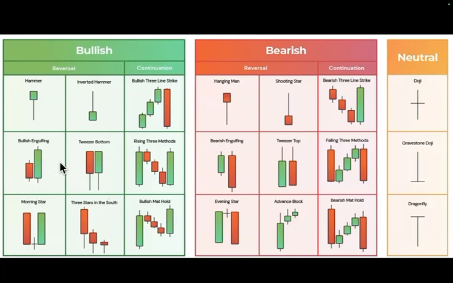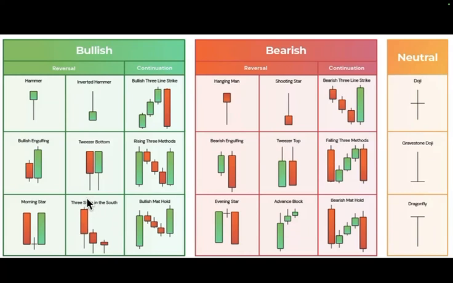Remember, all these right here are reversal candles. These are reversal candlestick patterns, meaning that all of this will happen at the bottom of a downtrend. So the three stars in the south are three candlestick patterns that happen.